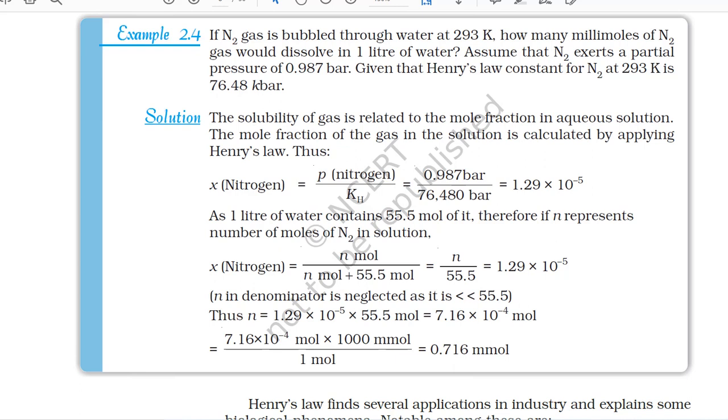Thus n = 1.29 x 10^-5 x 55.5 mole = 7.16 x 10^-4 mole = 7.16 x 10^-4 mole x 1000 mmole/1 mole = 0.716 mmole.